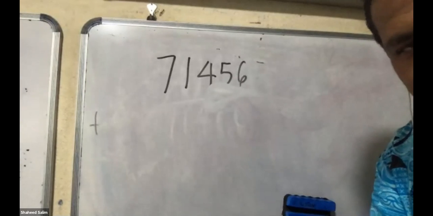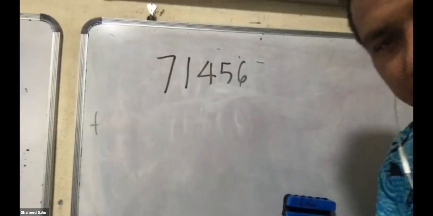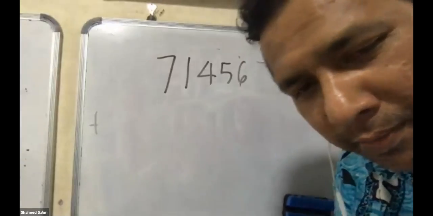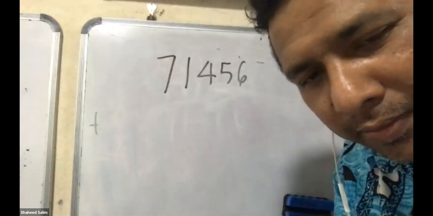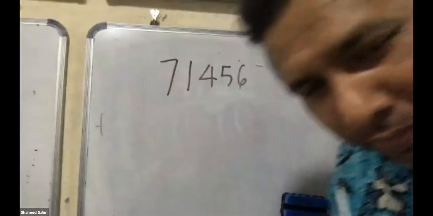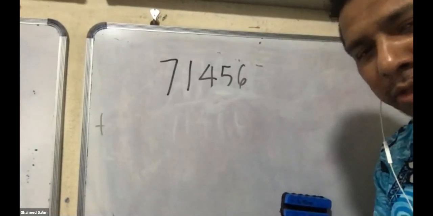Auni, what's your answer? 71456. Okay. What about Amara? I will call on everyone. Naomi, what's your answer? 71456. Paging for Naomi, please come in. 71456. What about Amara? Amara is chewing her pencil, I think.